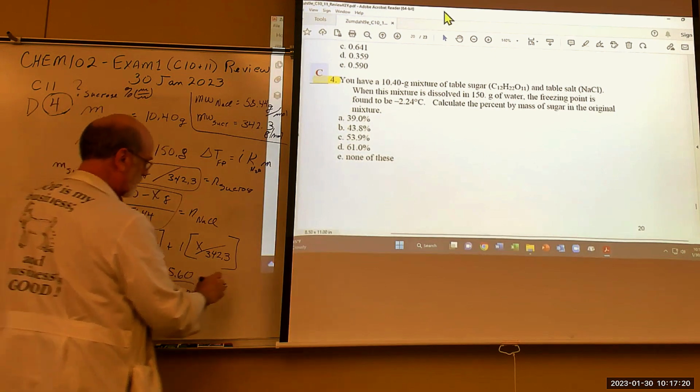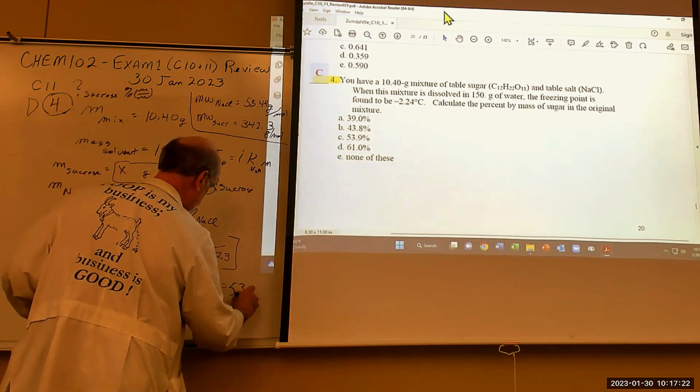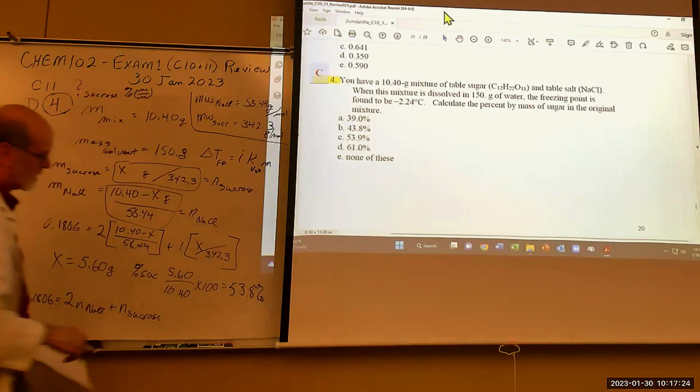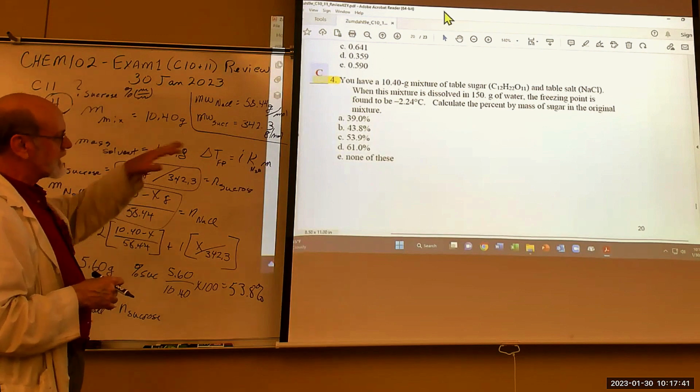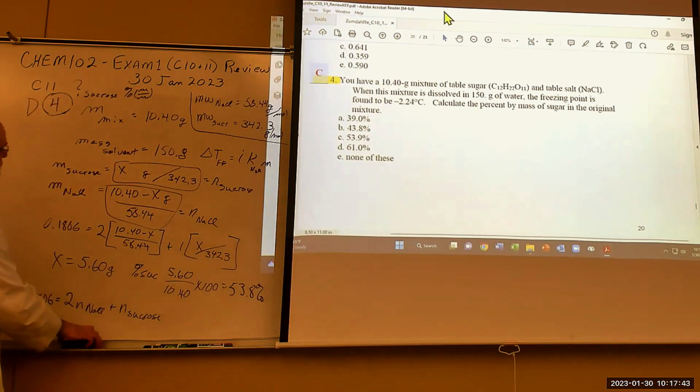And that should be equal to 53.8%. So that's why this was difficult. Notice I skipped over the calculation part because I probably would make a mistake anyway. So the nearest answer to that one is C.